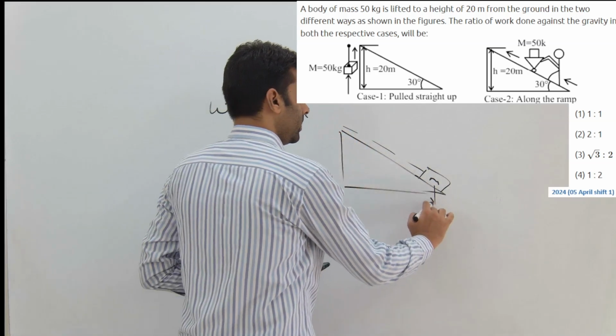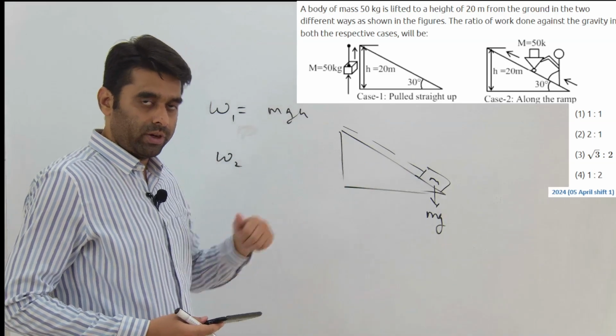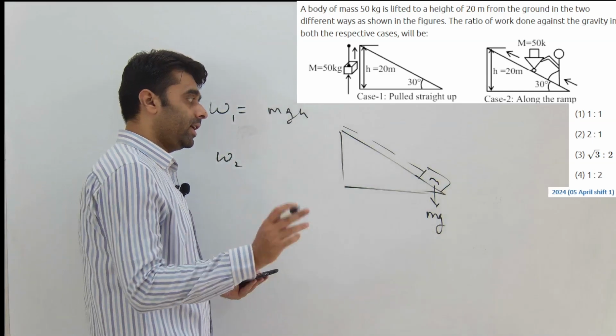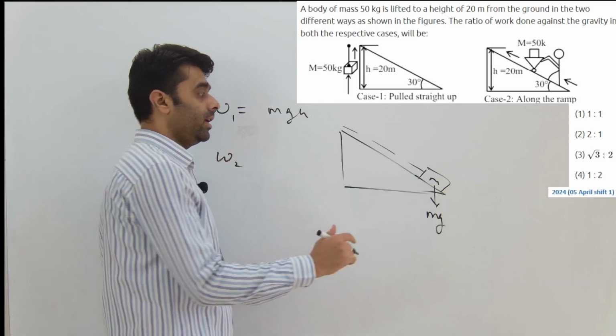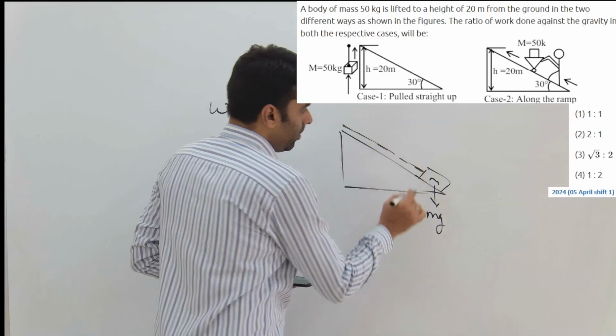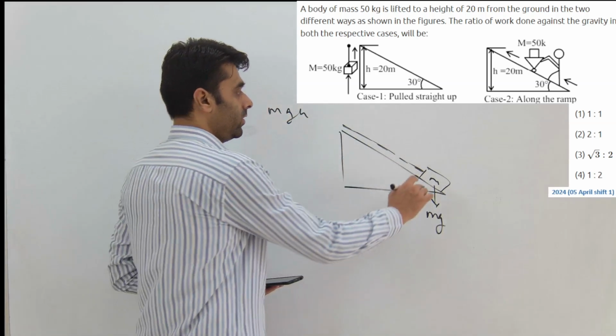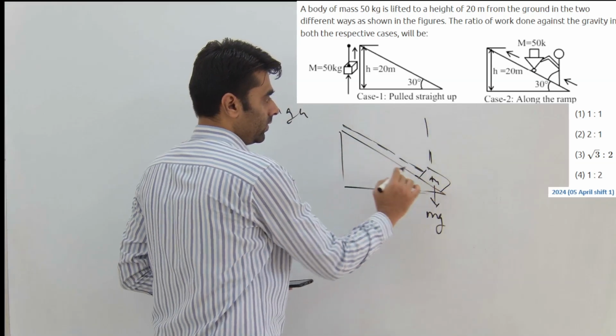What is our force? The gravity force is mg over here downward. And if we consider work done against gravity, over here, how much is the displacement? This is our displacement. But what is the displacement in the direction of force? The displacement in the direction of force is this.